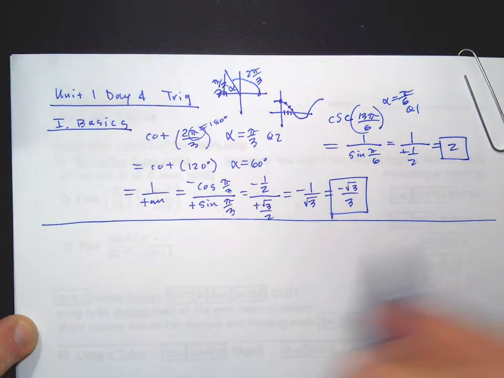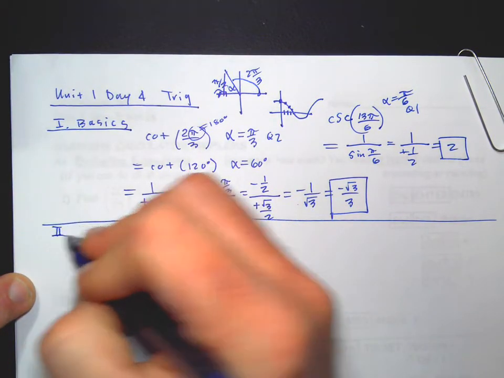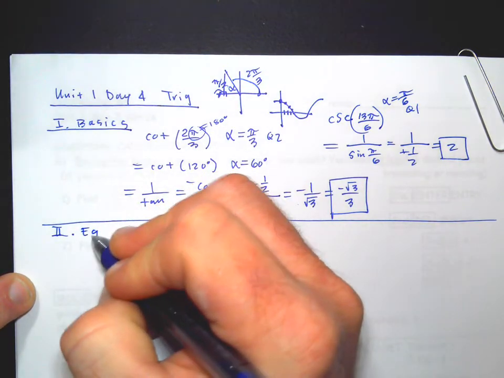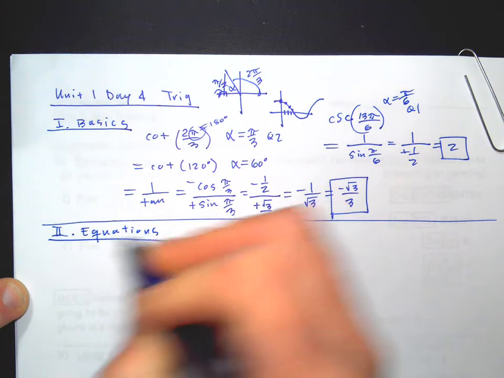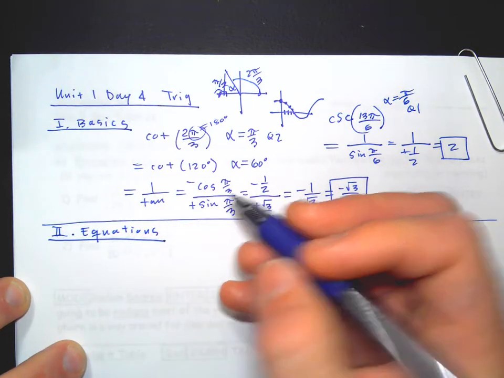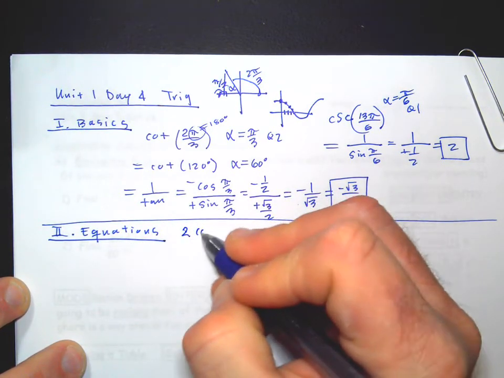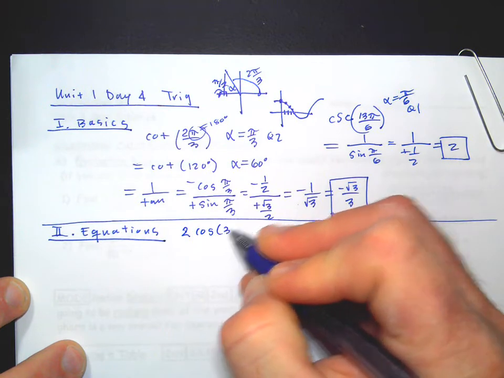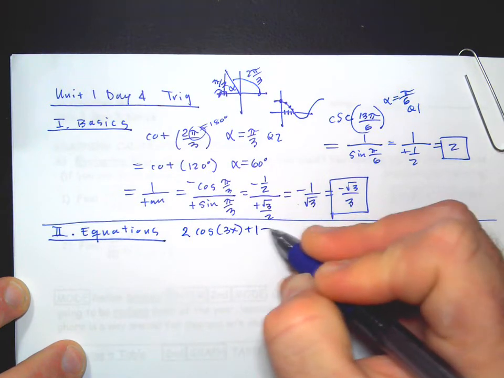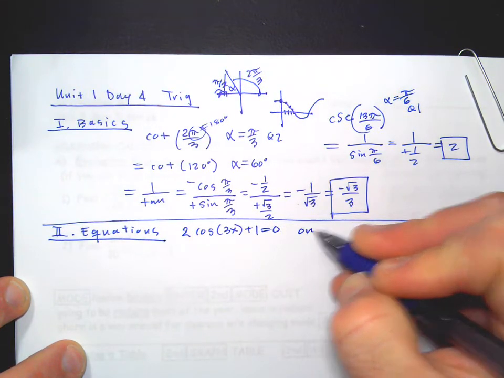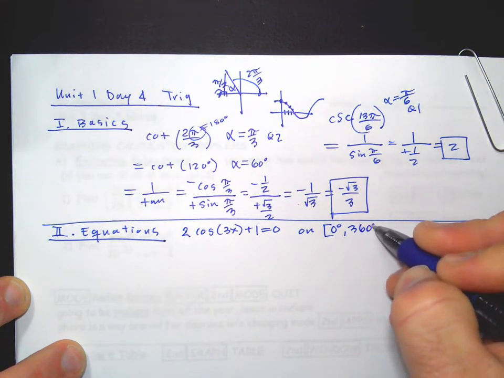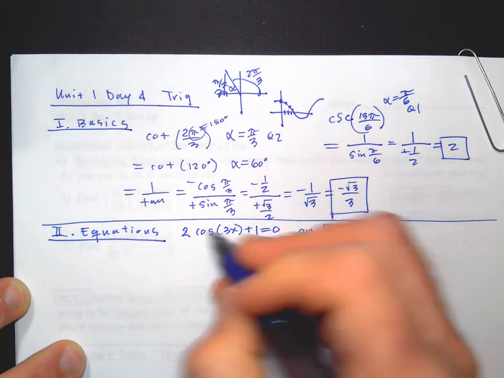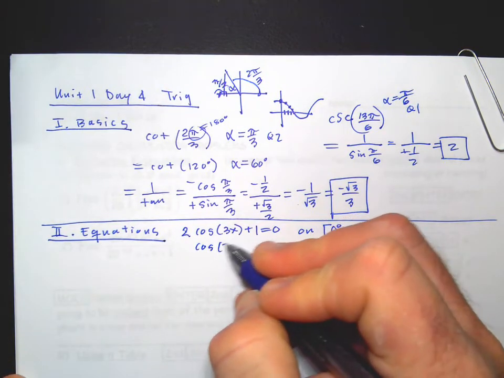All right, number 2, we'll do some equations. So equations, we'll do 1. 2 cosine 3x plus 1 equals 0 on the interval 0 to 360 degrees. So we'll go ahead and just do degrees this time. You want to isolate the trig.